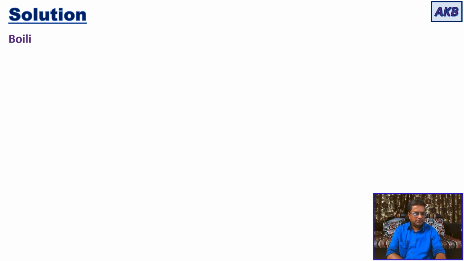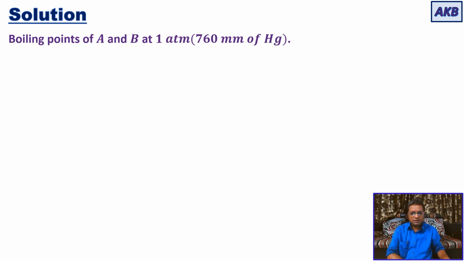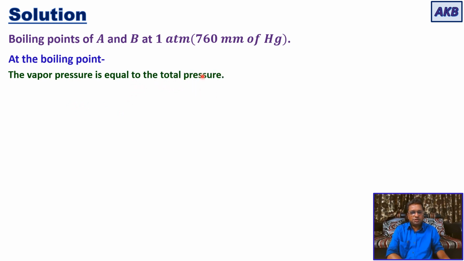First step, as we had listed, is the boiling point of A, and that we will be calculating at 1 atmosphere, and 1 atmosphere is 760 mm of Hg. The fact is, at the boiling point, vapor pressure is equal to the total pressure. So for any liquid, at its boiling point, its vapor pressure becomes equal to the total pressure.